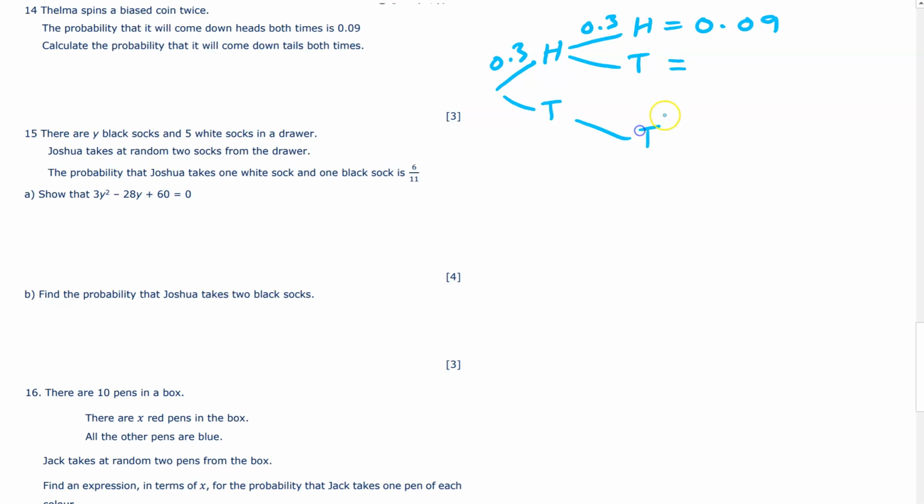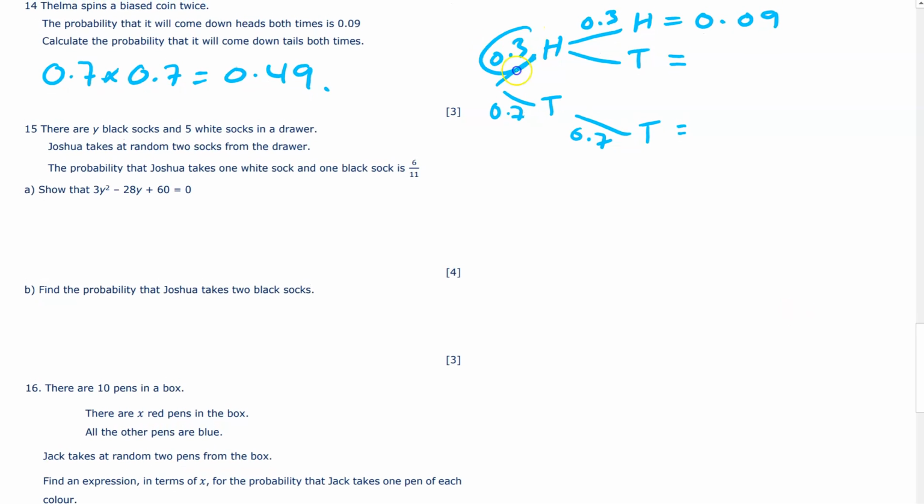Tails must therefore be 0.7. So that must be 0.7 times 0.7, which is 0.49. There's not much going on there. You get one for getting a 0.3, one for writing your calculation, and one for your answer.